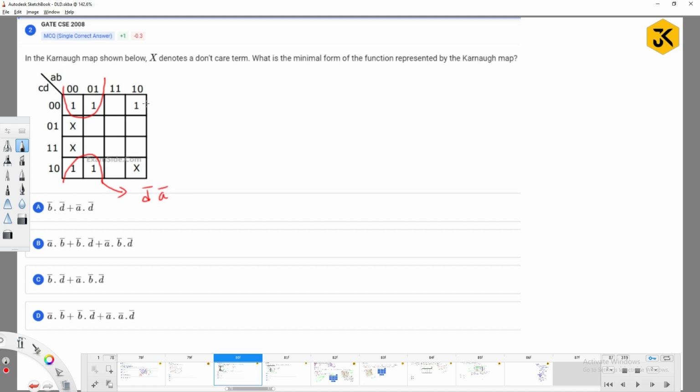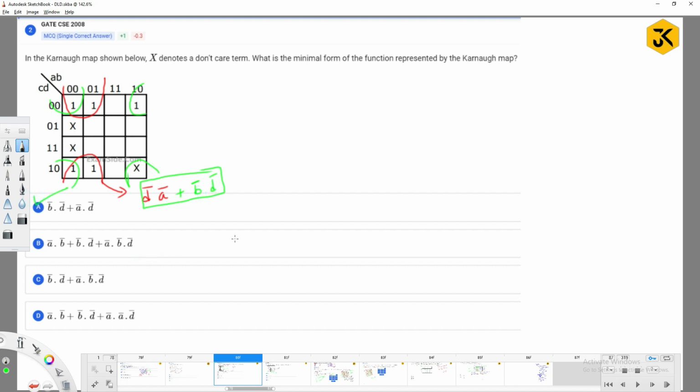Now, around the corners to cover that, A is changing, so B bar you are going to get on the x-axis, and on the y-axis C is changing, so D is not changing, so you are going to get D bar. Finally, the expression will be A bar D bar plus B bar D bar. So option A is the correct answer.